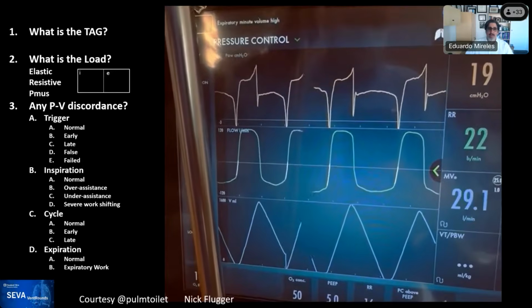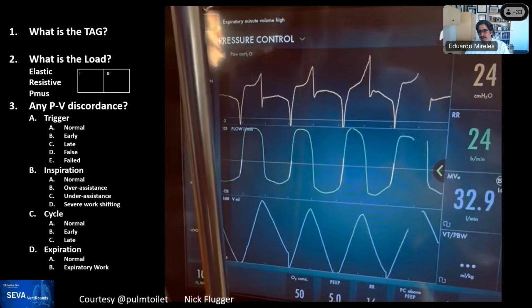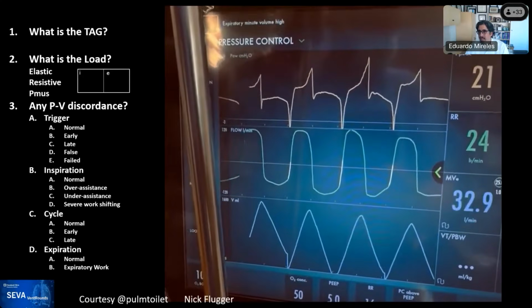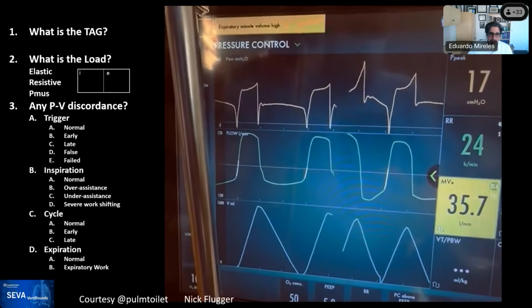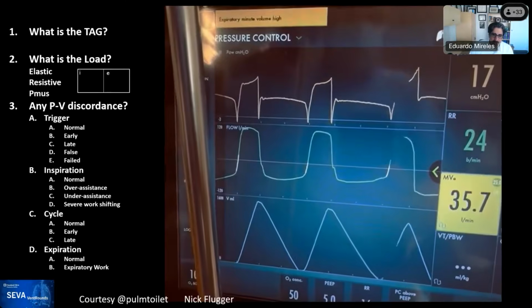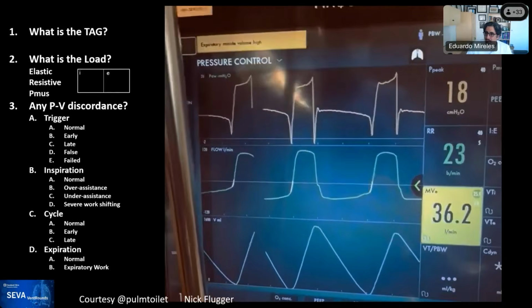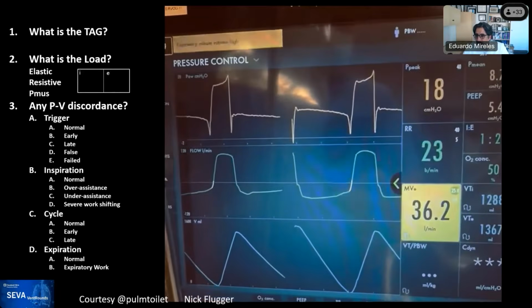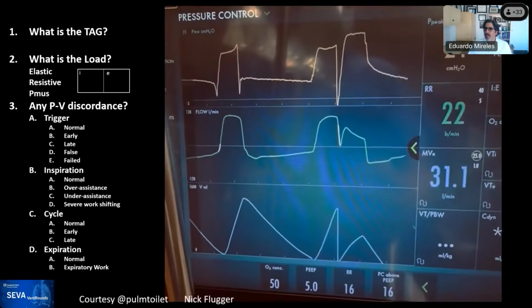They're going to have periods of high work of breathing and periods of apnea. At some times the patient is going to get 1600, at other points they're going to be getting 300, and they go back and forth. I'll open it to the chat to see what people put in. How would they manage this?